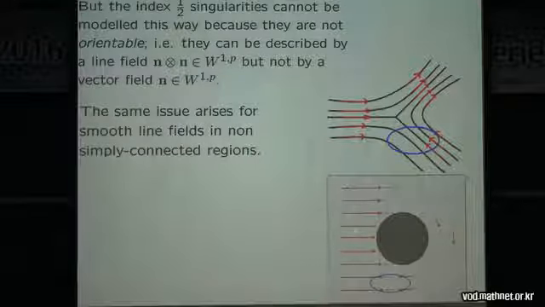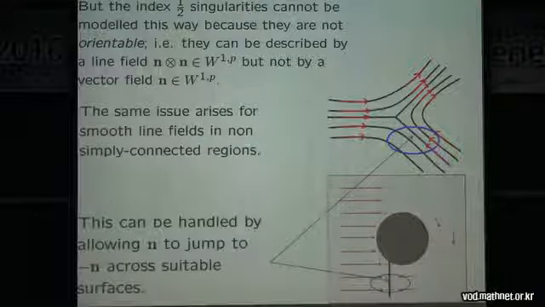Okay, so that casts doubt on the derivation of the Oseen-Frank theory from the Landau-de Gennes one, in particular if you're working in a non-simply connected region. But you could handle it by allowing n to jump by 180 degrees over suitable surfaces.